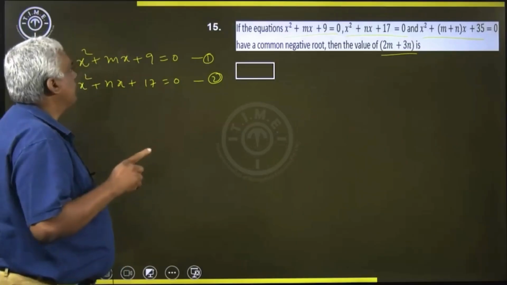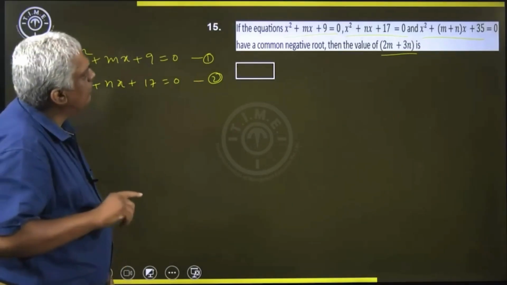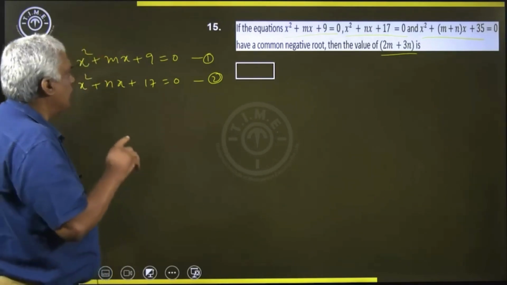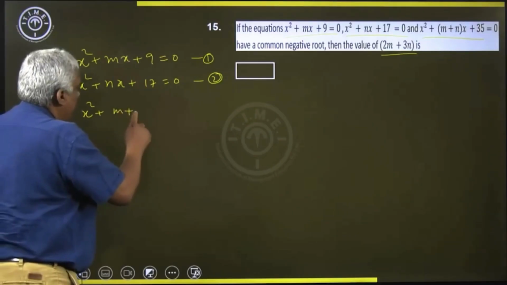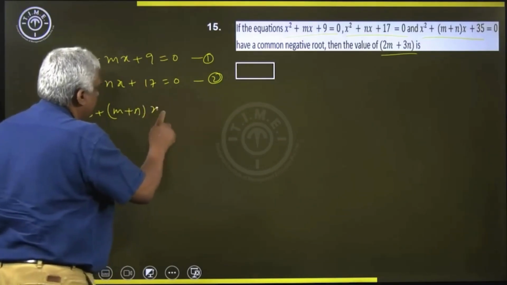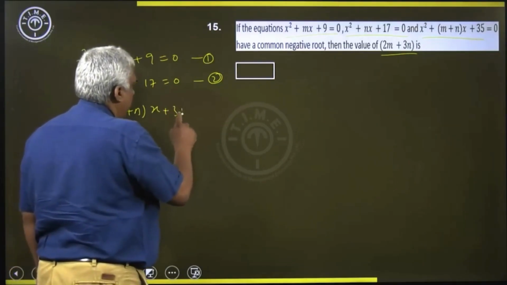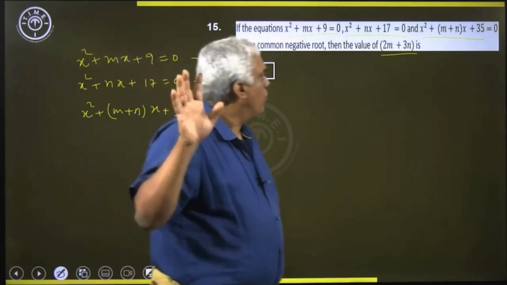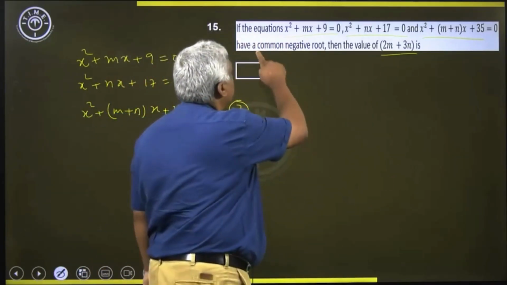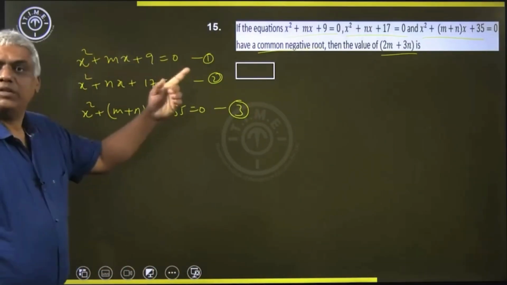The last one is x square plus (m plus n) into x plus 35 equal to 0. These three quadratic equations have one common root, and that common root is negative. We have to find the value of 2m plus 3n.